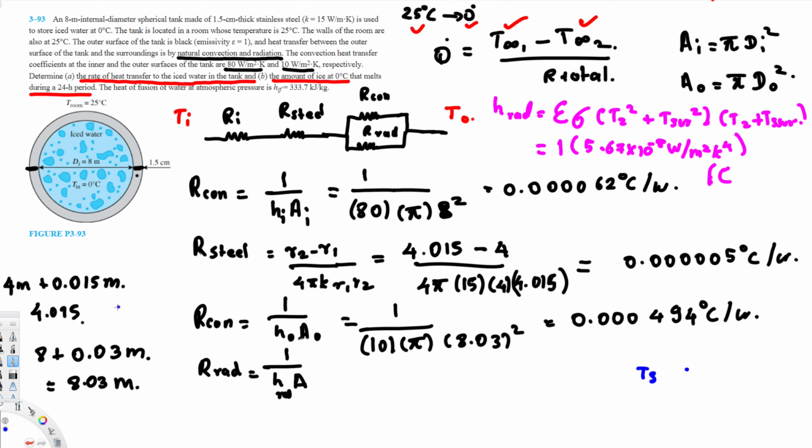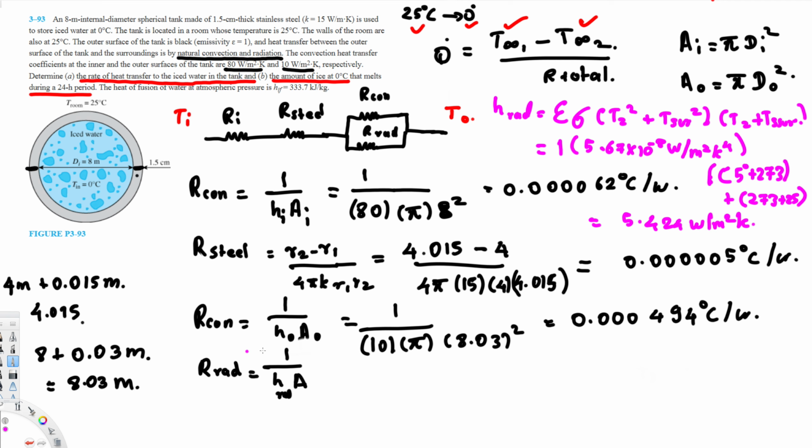Okay, let's assume it's 5 degrees Celsius and calculate this one. 5 degrees Celsius plus 273, and T surrounding we already know, that is 25. So we can just add 25 to this one. 273 plus 25, right? And if you calculate this value, this is going to give you 5.424 watts per meter square Kelvin.